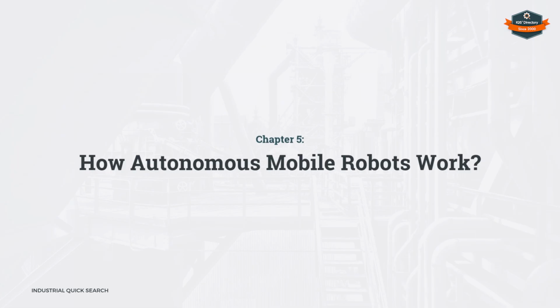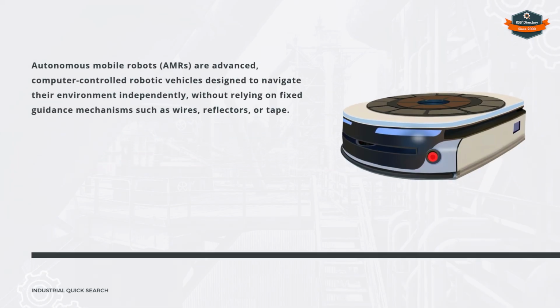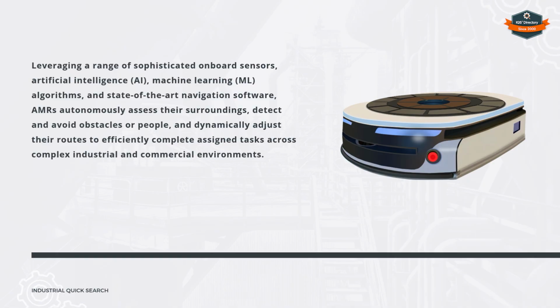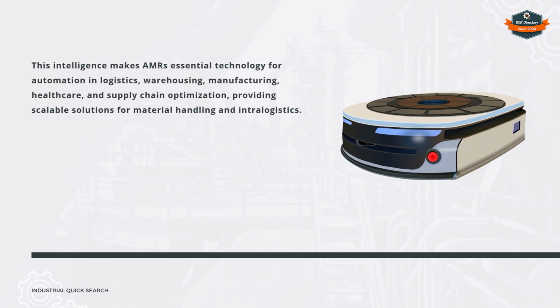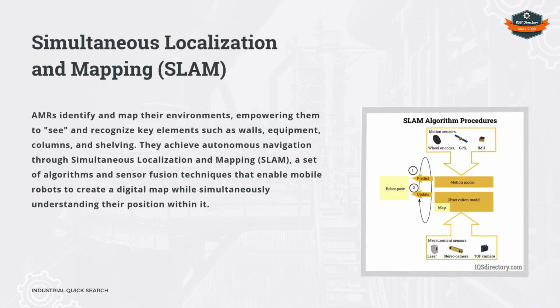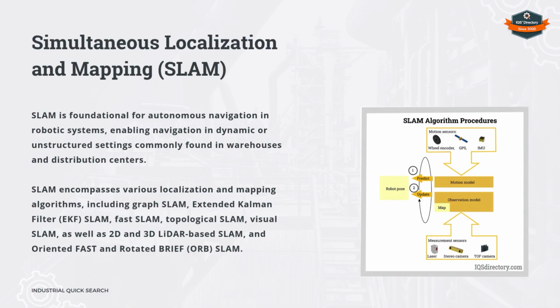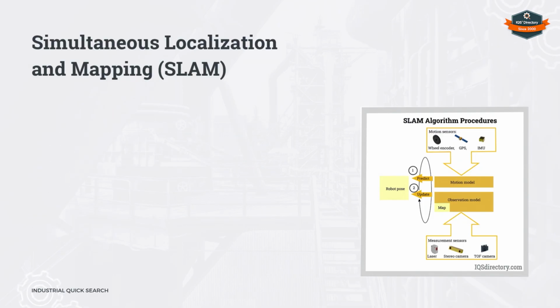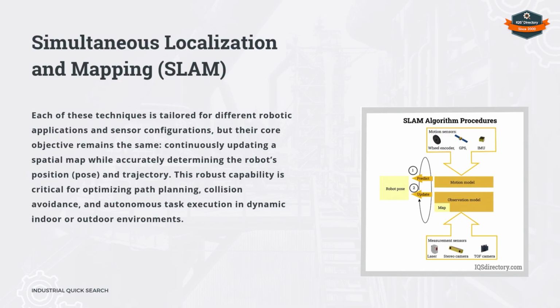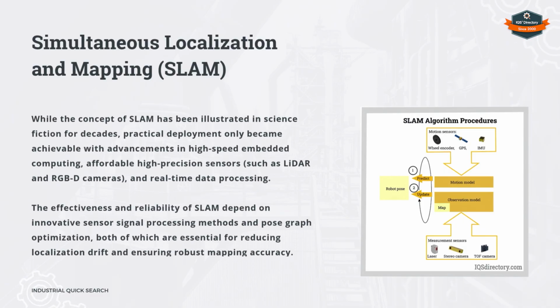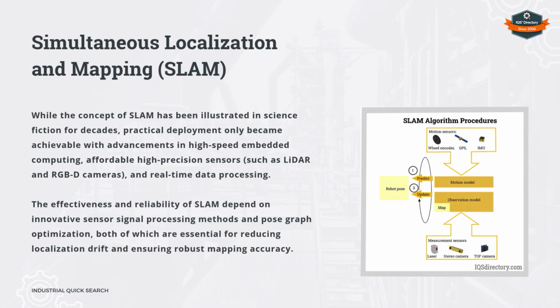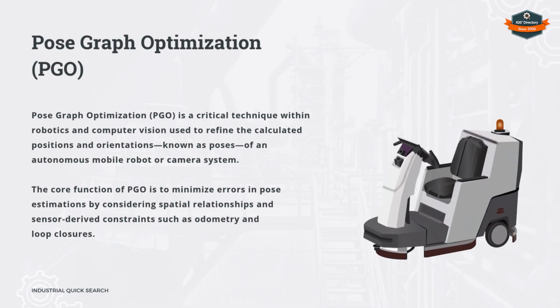Chapter 3. How autonomous mobile robots work. Simultaneous localization and mapping. Pose graph optimization.